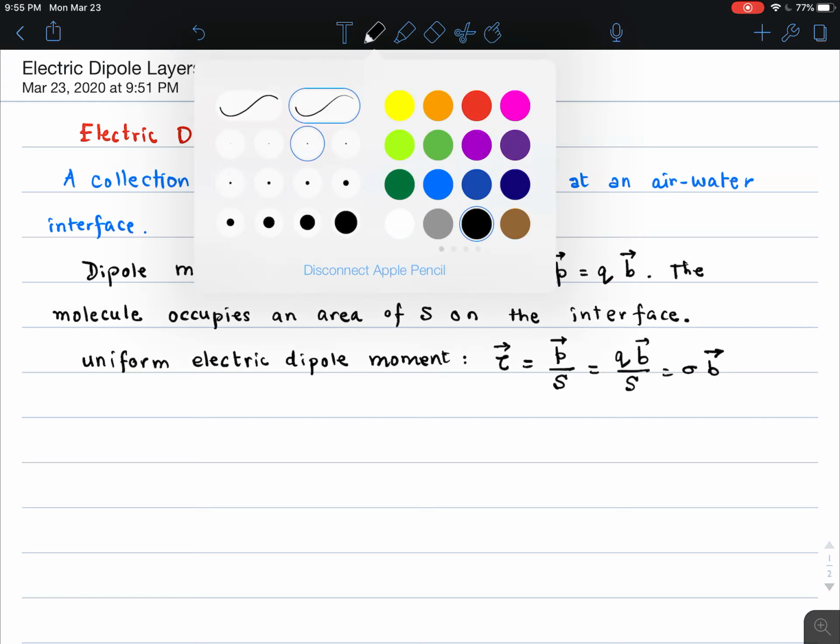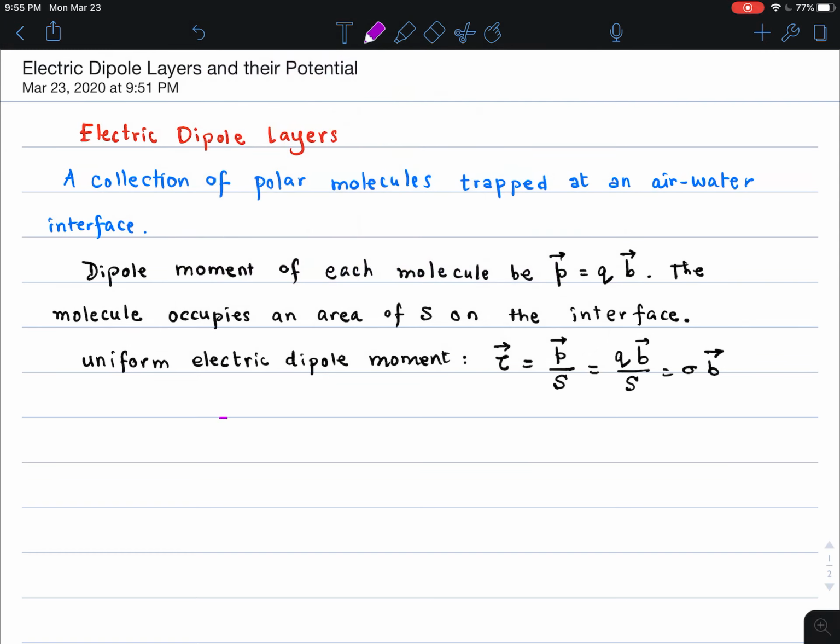a dipole layer that I'm going to draw here, which has a positive surface charge density sigma on the top layer, negative surface charge density minus sigma on the bottom layer, with the dipole moment density being sigma b, where b is now the distance between the two layers.